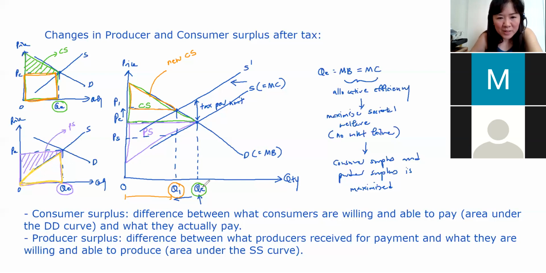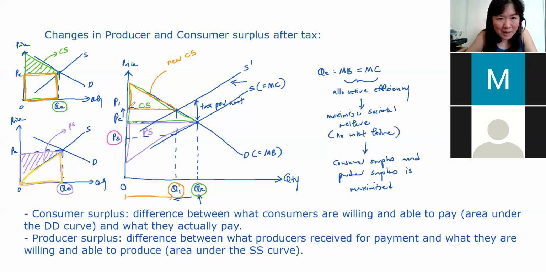Now, because quantity has been reduced to Q1, what they can actually receive has been reduced to PS. Even though they are charging consumers the price of P1, what they actually get to keep is only PS, because the difference between P1 and PS is the tax.